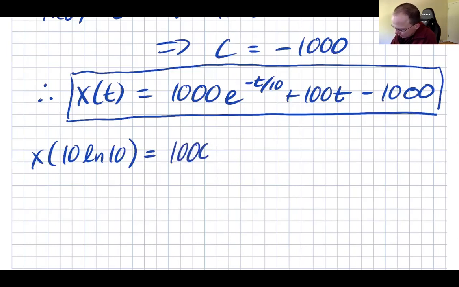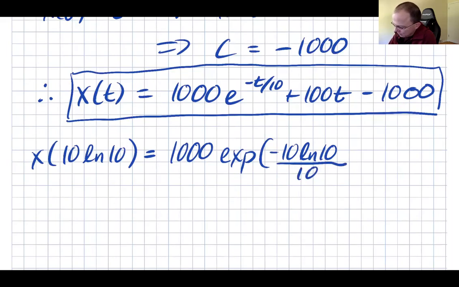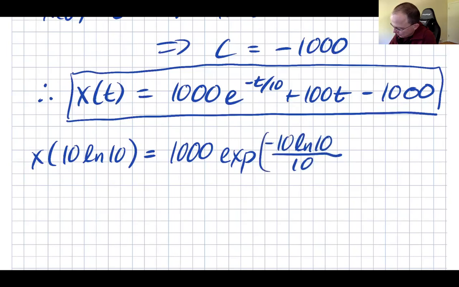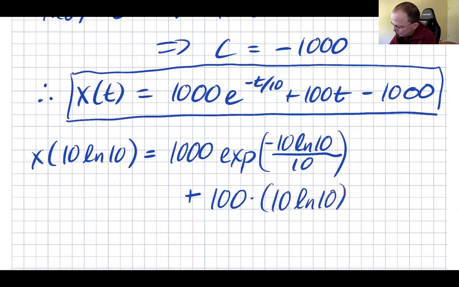Okay, so we have 1,000 times the exponential of negative 10 log 10, and then that thing is divided by 10. Let's just make this look a little bit nicer. And then we have plus 100 times 10 log 10, and then we have minus 1,000.